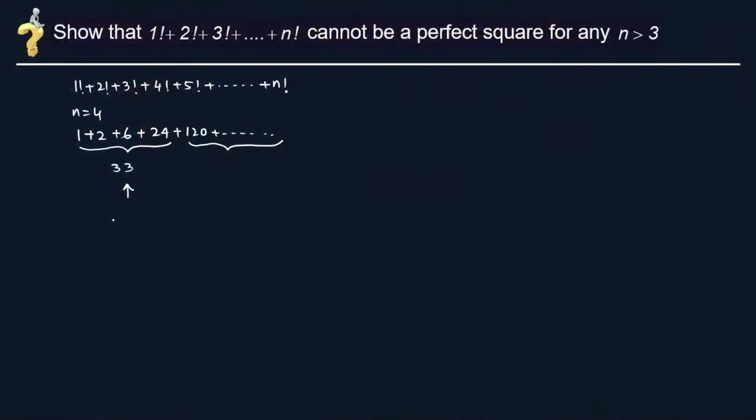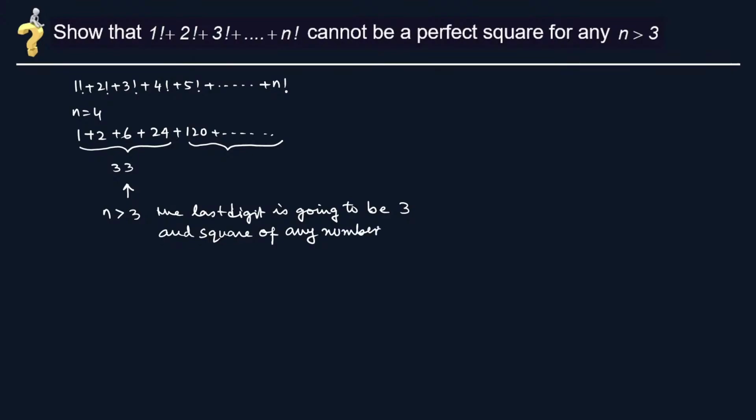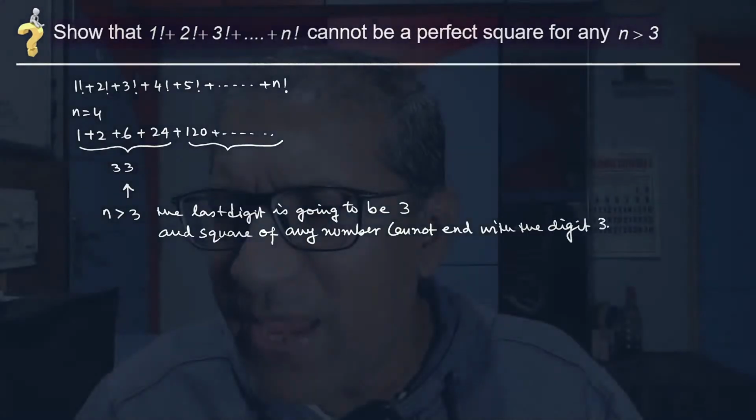Therefore, for any n which is greater than 3, the last digit is going to be 3, and the square of any number cannot end with the digit 3.